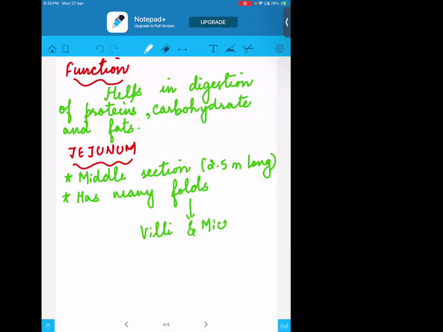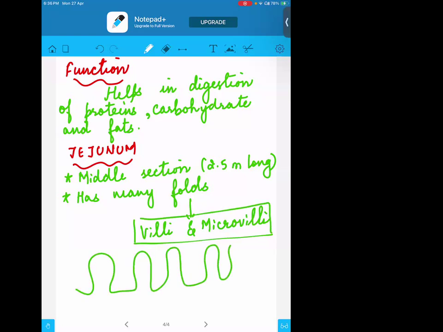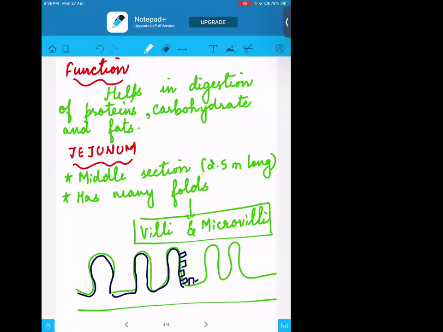So in the jejunum part, there will be the villi or microvilli present like this, for the absorption of the nutrients. These are called the villi, and on the villi there will be microvilli present over them.